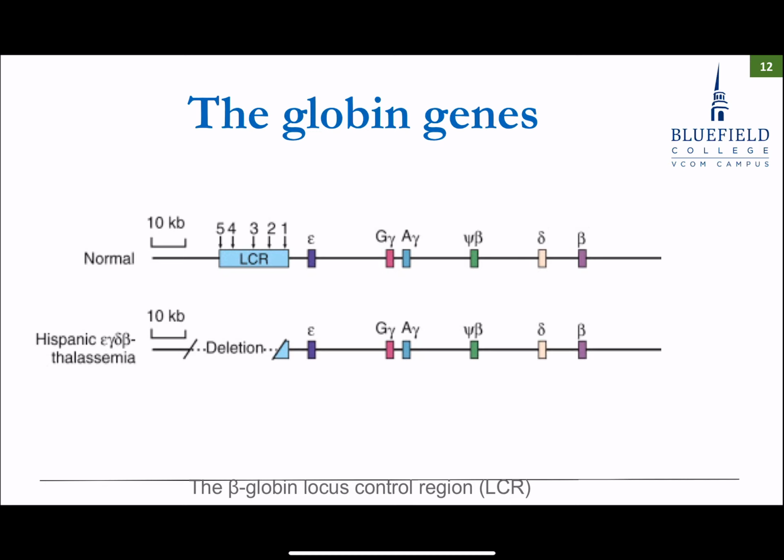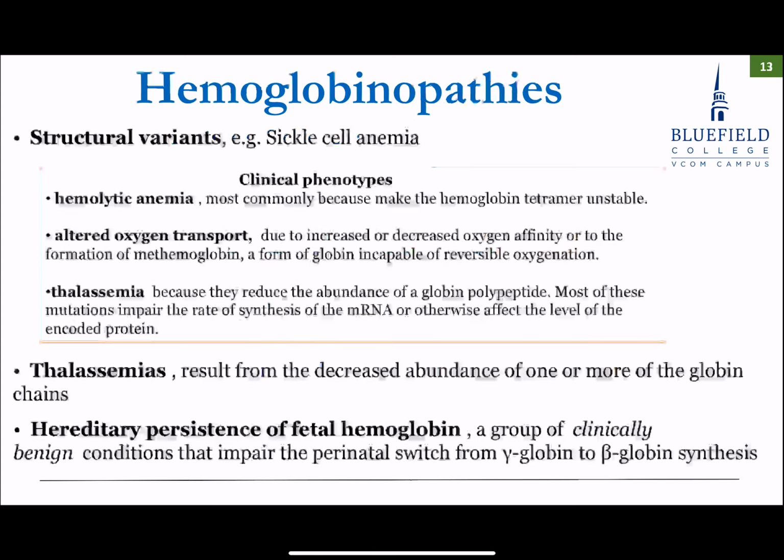And then thalassemias that occur because they reduce the abundance of globin polypeptide. Most of these mutations impair the rate of transcription, or otherwise affect the level of encoded protein.